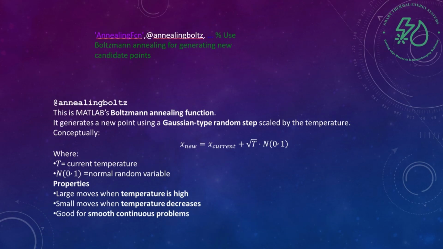In this slide, we can see one of the annealing functions, annealingboltz, and in this formulation we can see how the new x value depends on the current x value, and also on the temperature, and a normal random variable N(0,1). This is how annealingboltz relates x new and x current.